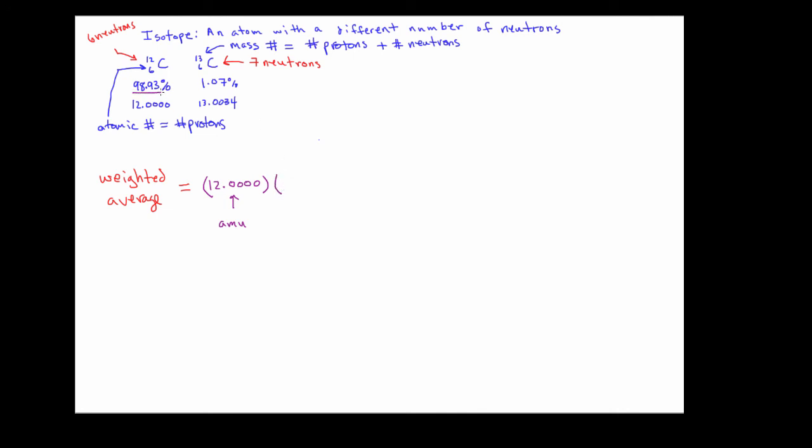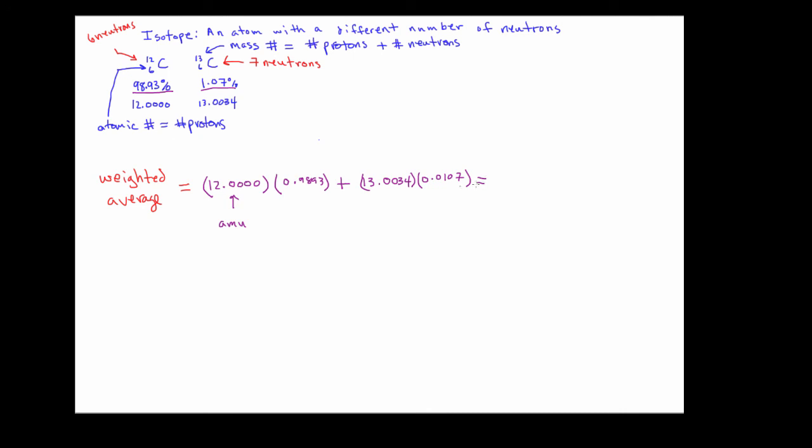So that's this number divided by 100, so it'll be 0.9893. This is a weighted average, so we're going to add this to the atomic mass of the C13 isotope compensated for its fractional abundance, which is going to be 0.0107. So we took its literal percentage and divided by 100.